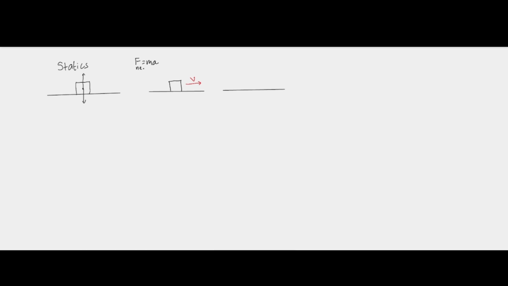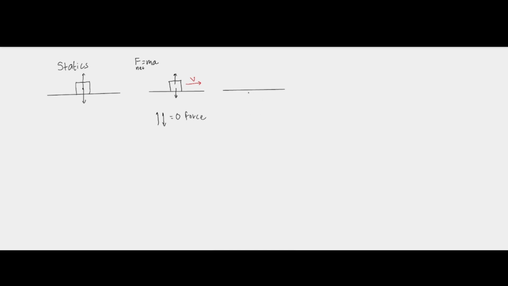There can be individual forces. You could have a force that's just like with the statics problem. You could have a force that's pointing upwards and a force that's pointing downwards. But if they're equal and opposite, well, then there's no net force. The net force is zero because this force plus this force, well, that's zero force. So even though this object is moving and it might have some forces acting on it, the net force is zero, so it's not accelerating.